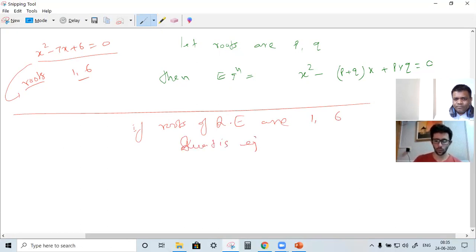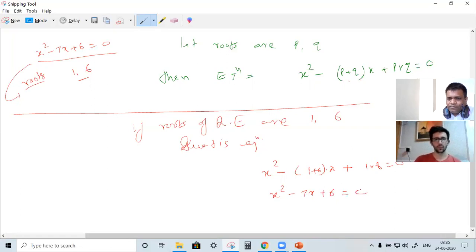It would be x square minus the sum of roots, p plus q, so 1 plus 6 into x, plus 1 into 6. Is that clear? So when the equation is given, we can find the roots. When the roots are given, we can find the equation.